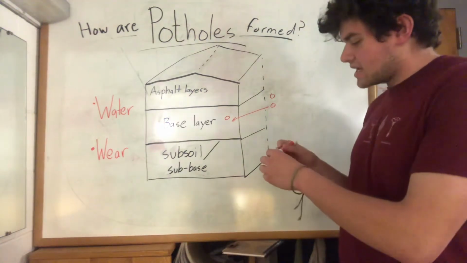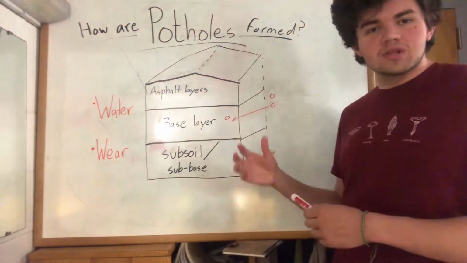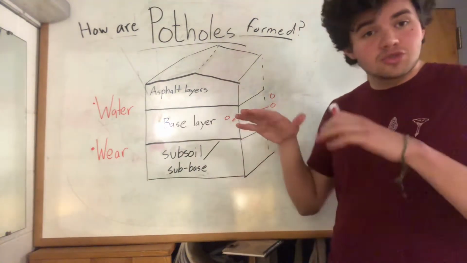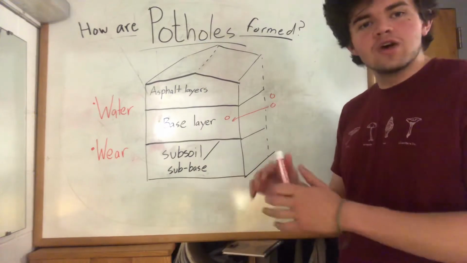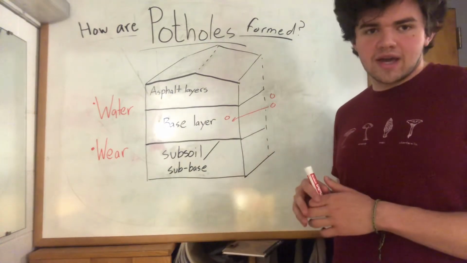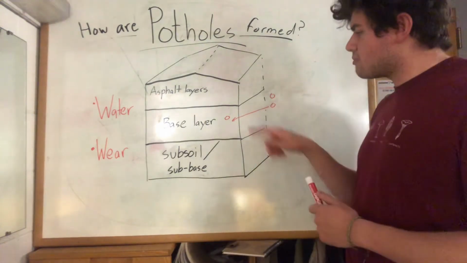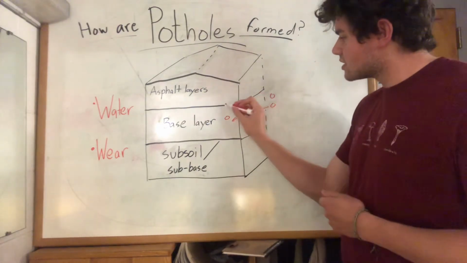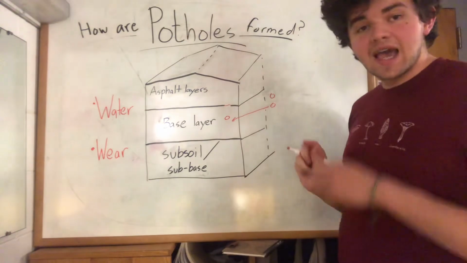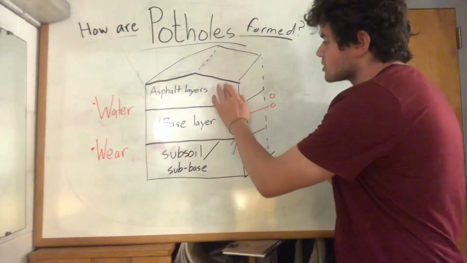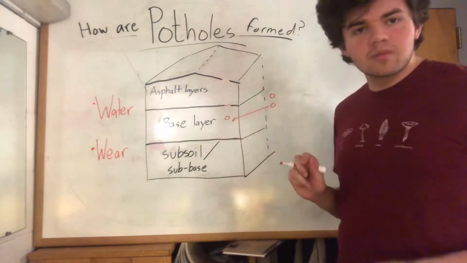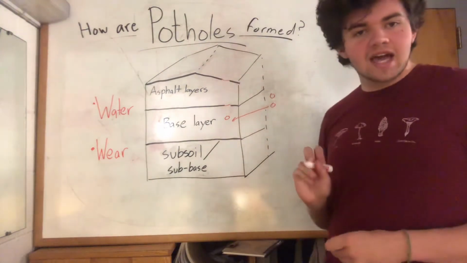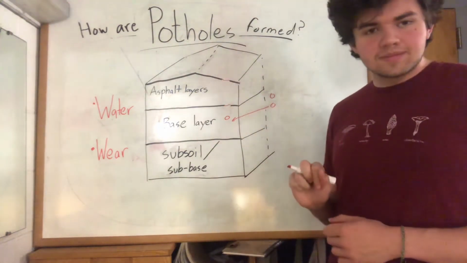When it does that, it disturbs the structural integrity of the road itself. And this layer, which is normally compacted and flat, is no longer compacted and flat. It becomes a little bit bumpy. And so we see a little bit of bumps on that layer, and that translates upwards to the asphalt layer. And we start to see the asphalt give us that deformity.